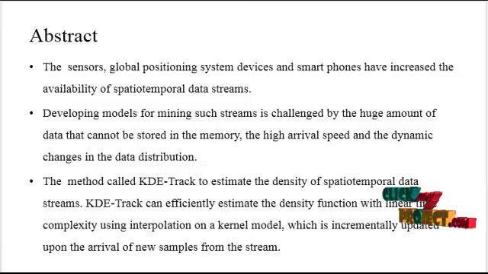We also propose an accurate and efficient method for selecting the bandwidth value for the kernel density estimator, which increases its accuracy significantly. Both theoretical analysis and experimental validation show that KDE-Track outperforms a set of baseline methods on estimation accuracy and computing time of complex density structures in data streams.